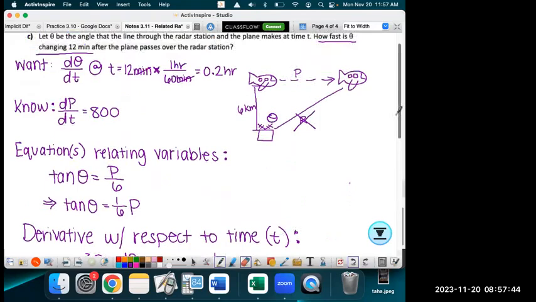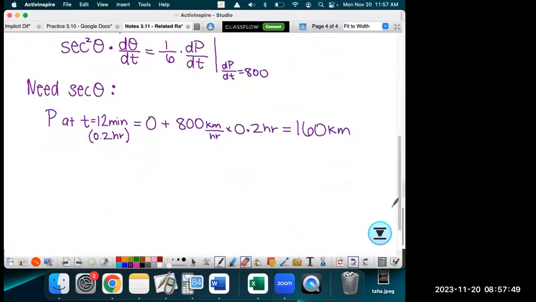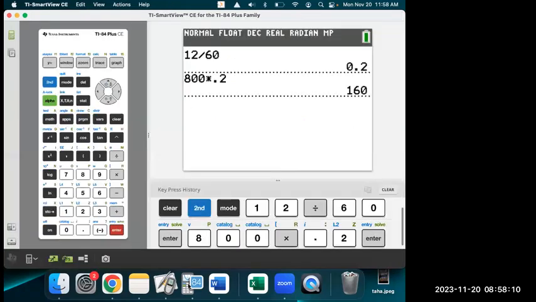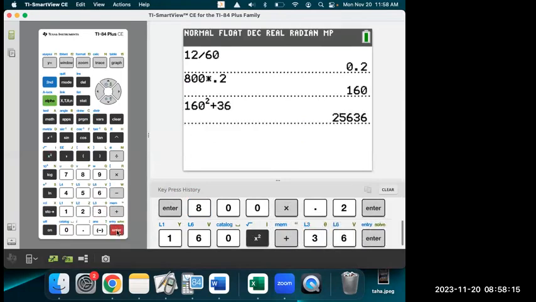Now we still are going to need the hypotenuse, so we can use the Pythagorean theorem to solve for r. P squared is 160 squared plus 36 equals r squared. 160 squared plus 36 is 25636.